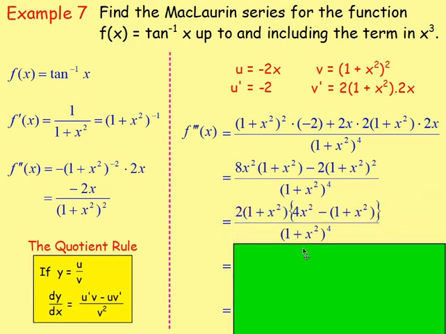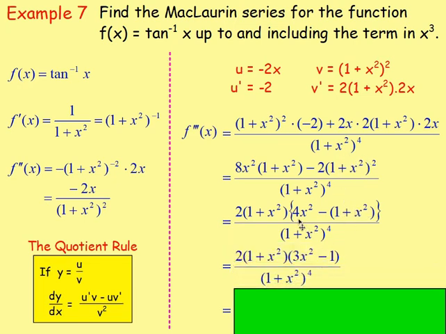After that, look for common factors. You can take out a common factor at the top of 2 and the (1 plus x squared). So take them out as common factors and you'd be left with 4x squared, take away just one of the (1 plus x squared)s. Once you do that, you can tidy this part up. You've got 4x squared, take away 1, and you're taking away an x squared. So you've got 4x squared, take away x squared, which will be 3x squared, and we've still got this take away 1.